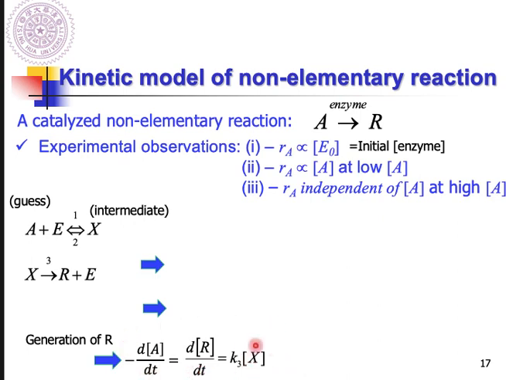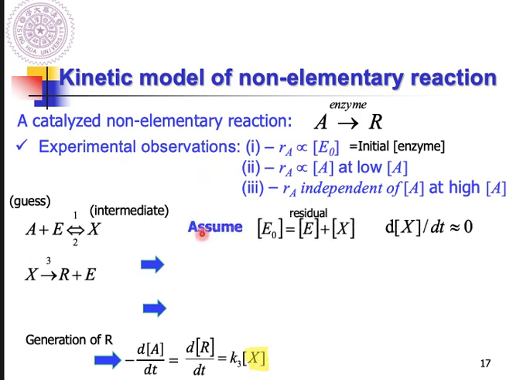So based on this, as long as you know the concentration of the intermediate, then you can make sure whether the result is identical to or fits your observation in your experiments. So let's get the concentration of this intermediate X. How to do this? We need to make assumptions as we learned before. The generation rate of X is near 0.